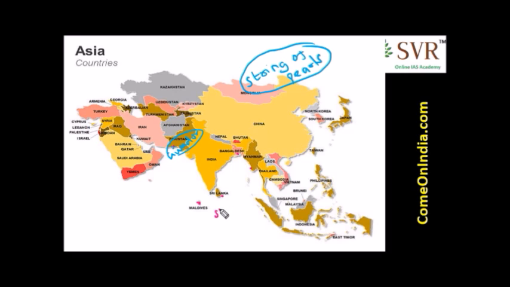These points are called strings. In Sri Lanka, the place is called Hambantota. Hambantota is a port being developed by China in Sri Lanka.